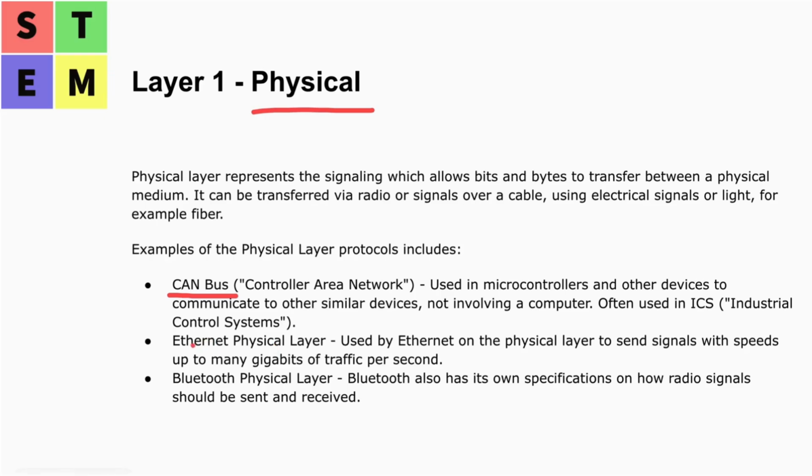Then there's the Ethernet physical layer, used by Ethernet to send signals, pure physical signals. And we have the Bluetooth physical layer. You have Bluetooth even on your cell phone, and Bluetooth also has its own specifications on how radio signals should be sent and received. So that's the physical layer.